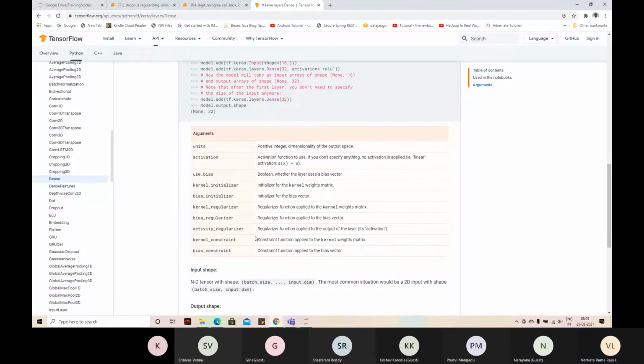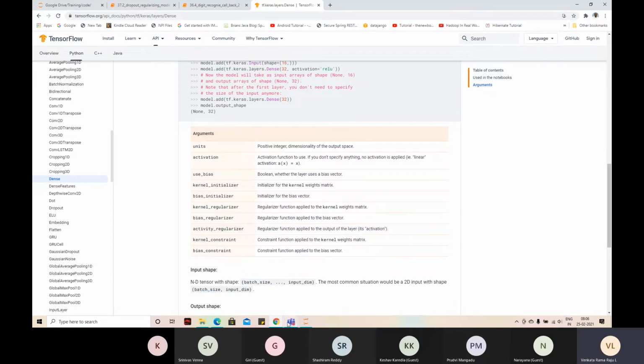Okay, there are different ways of applying it: kernel constraint, bias regularizer, kernel regularizer. Okay, got it.